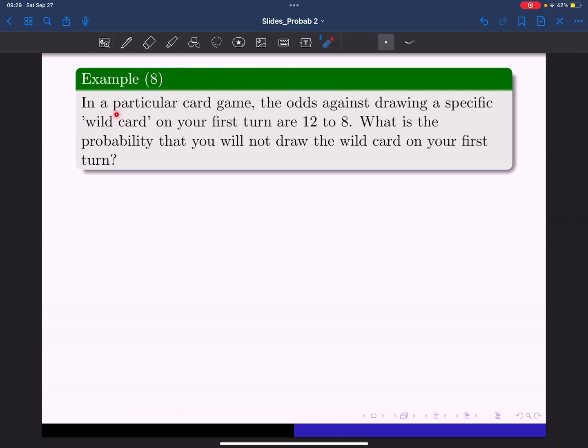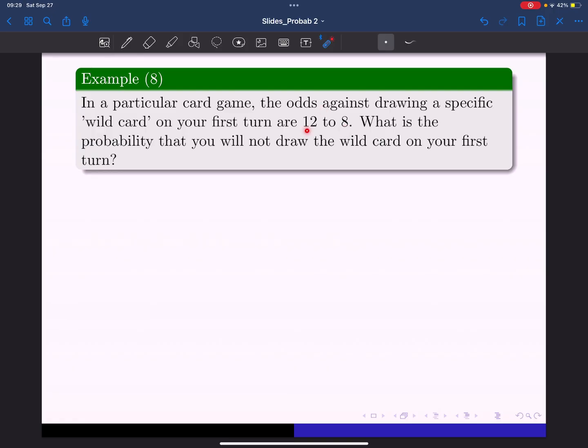Example 8. In a particular card game, the odds against drawing a specific wild card on your first turn are 12-8. What is the probability that you will not draw the wild card on your first turn? So we have the odds against drawing, 12-8.